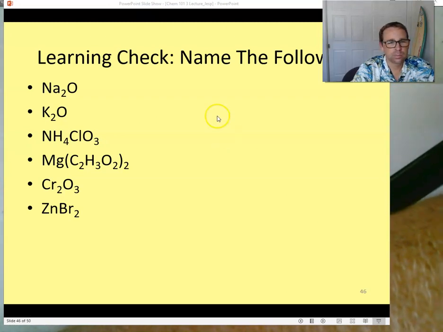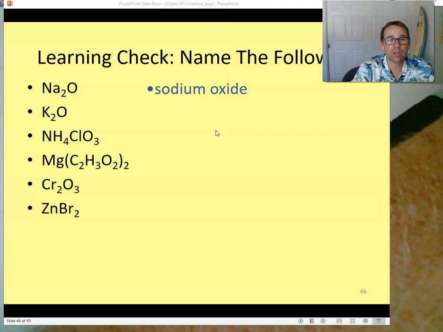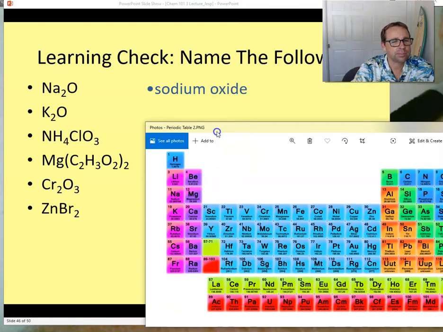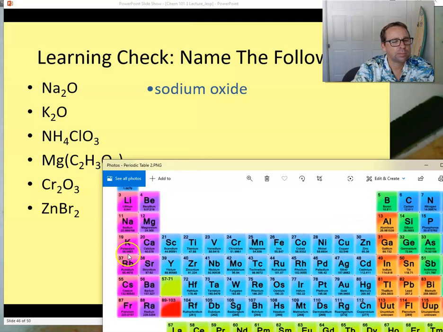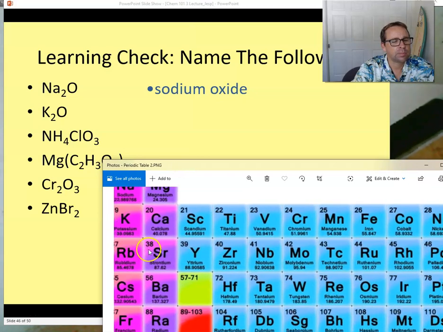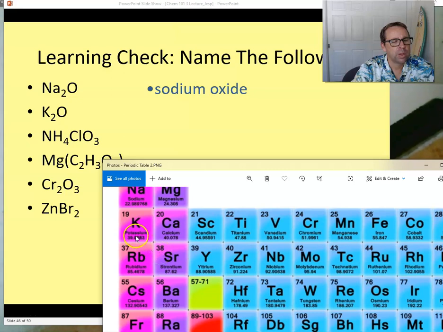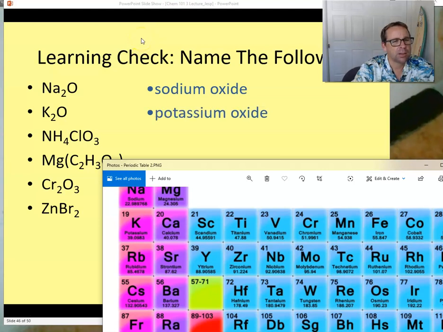Sodium oxide. Very good. Remember that the last little bit always ends in -ide. Very good. What's the next one? Potassium oxide. Nice.